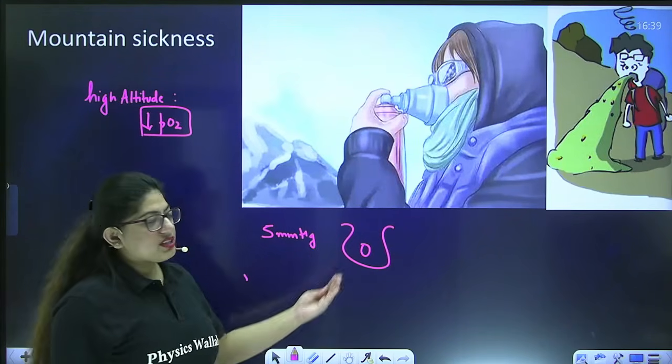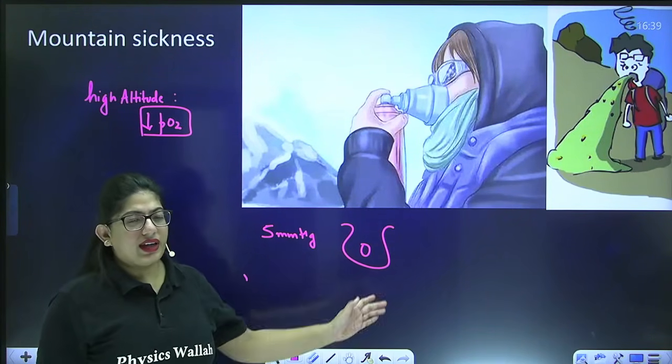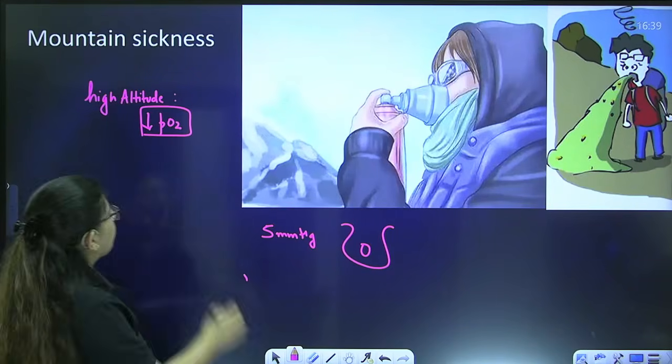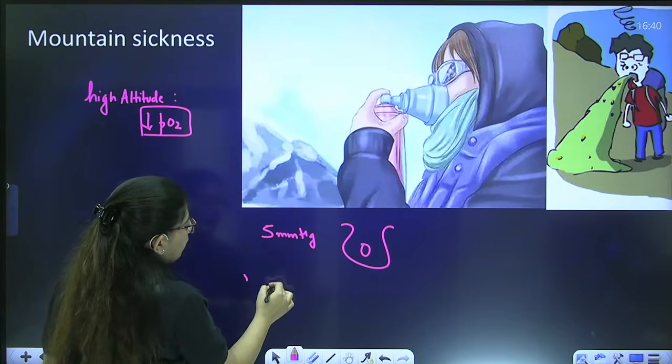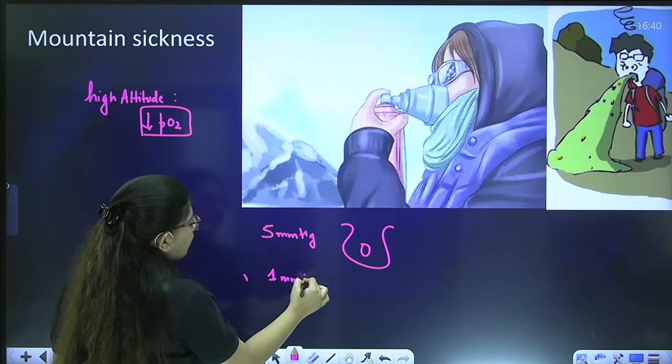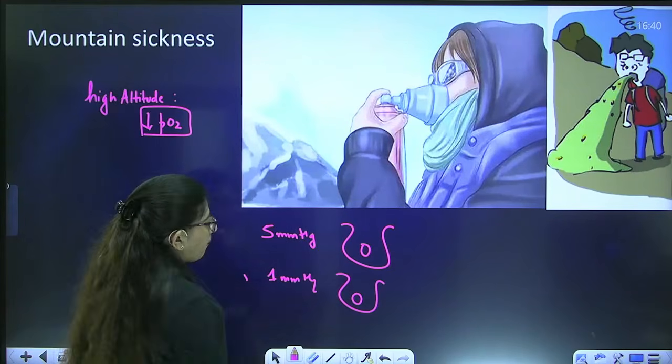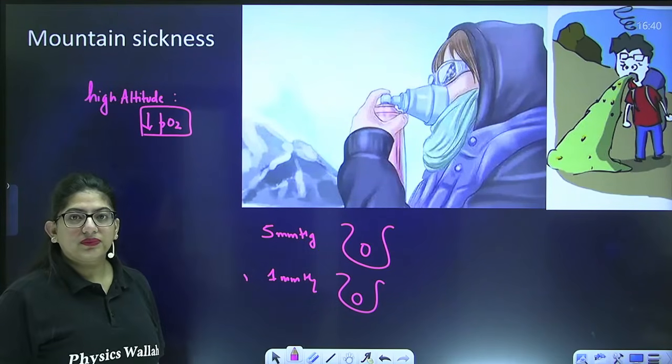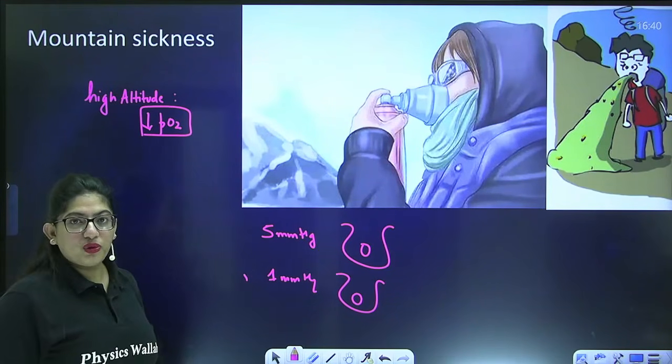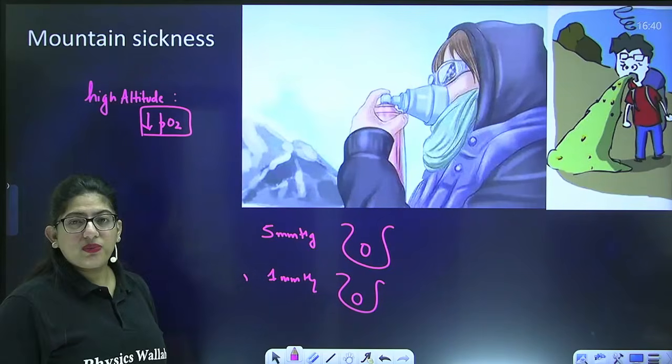So how much is the difference? 5. A lot. The gases can easily pass. Imagine at high altitude, this drops to 1 mm of mercury, and this is again 0. So now tell me, how can the gases move? No, there is a less partial pressure in the gases.